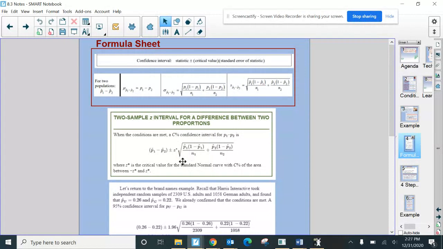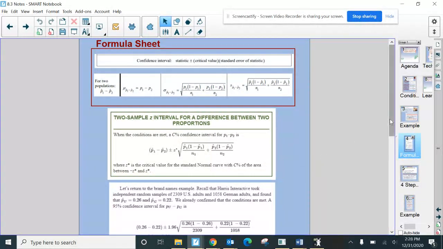And then because we don't have the population, notice it's p hat times 1 minus p hat over the n for the first group, and then notice it's a plus sign, p hat times 1 minus p hat divided by our sample size of the second sample for the second part. So be really careful when you're doing that, and remember the z-star is that critical value that corresponds to our confidence interval percentage.